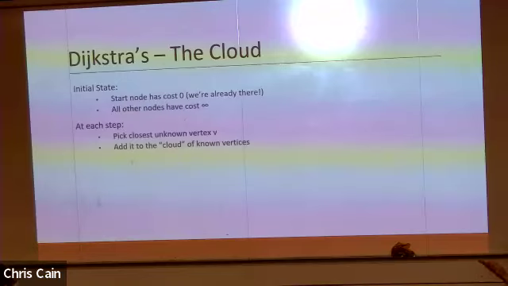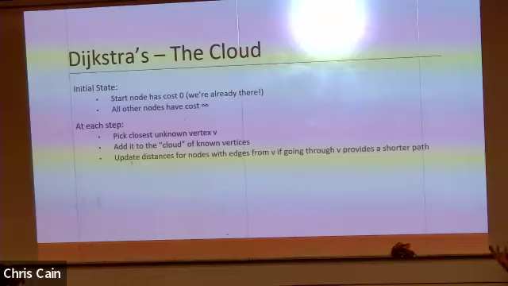So you can also think of it as adding it to the cloud. We then, once we visit that node, update our list of edges that allows for determining if we can get to a neighbor of the node that we just visited that's also a neighbor of something that we've seen before, but that has a better cost or a shorter path.